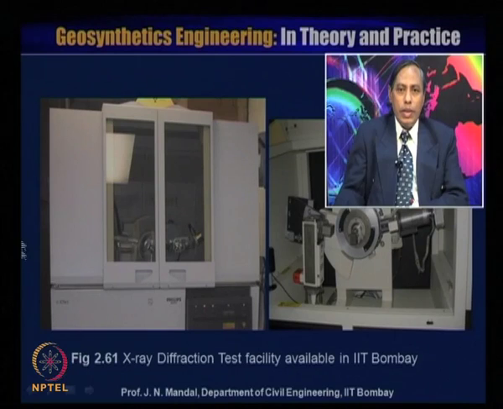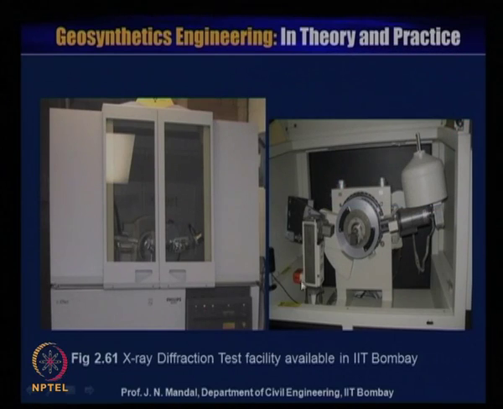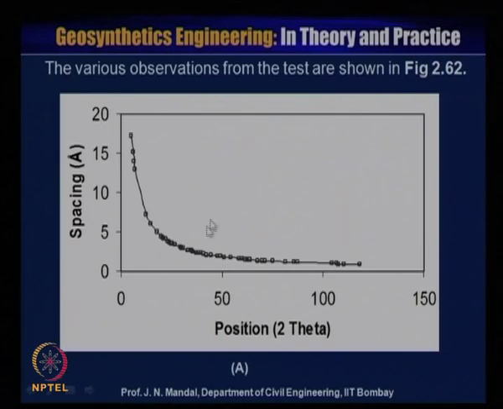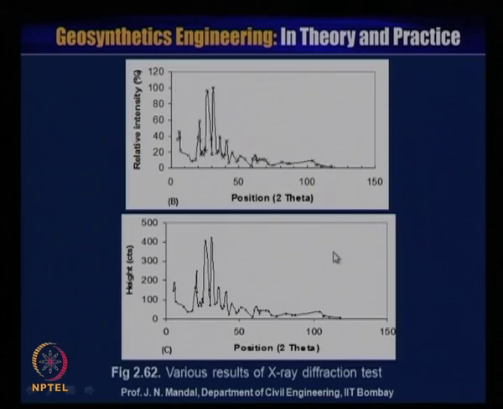You can see this is the X-ray diffraction test facility, and this is the variation observed from the test. This is between the spacing and the position 2 theta, how the spacing is decreasing and the position 2 theta is also increasing.